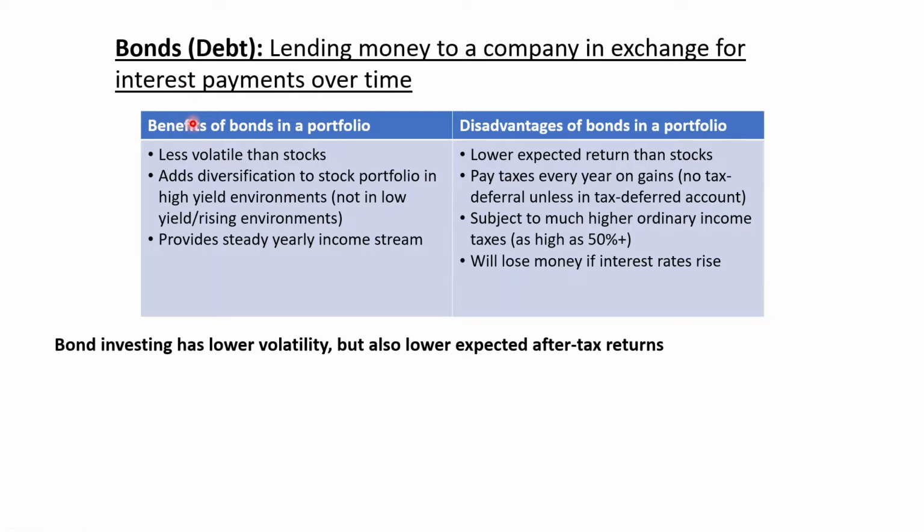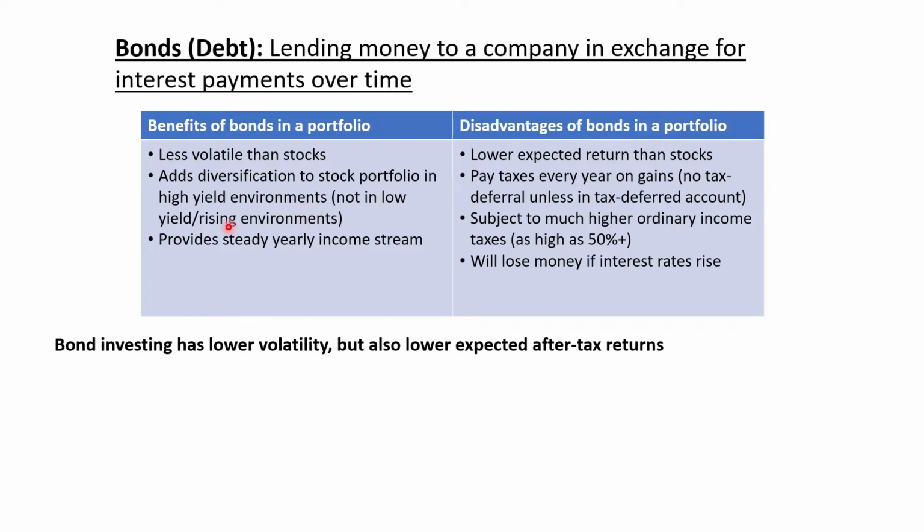So the benefits of bonds in a portfolio are they're less volatile than stocks. And when I say less volatile, that means you'll see less up and down movements in the portfolio if you're investing in bonds. We'll show that in a graph later on. Another benefit is that in the right environments, not in the current environment we're in, it can add diversification to a stock portfolio in high yield environments.